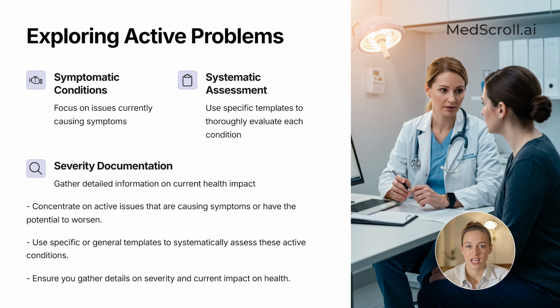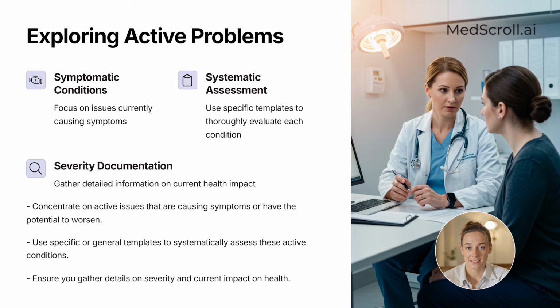Next, concentrate on the active problems, those that are currently causing symptoms or have the potential to worsen rapidly. Utilize specific templates if available for particular conditions. These guides will help you ask the right questions and ensure you cover all the key aspects of that problem.